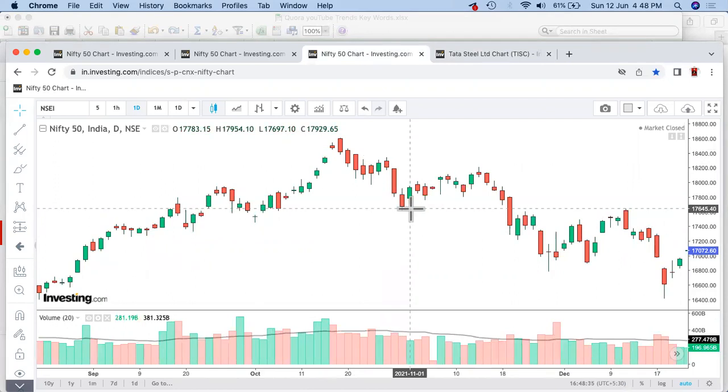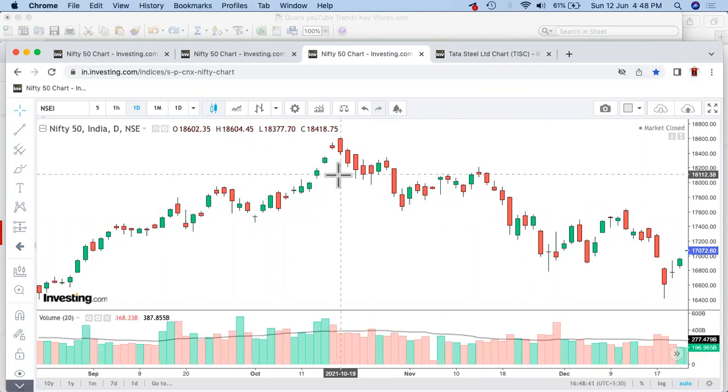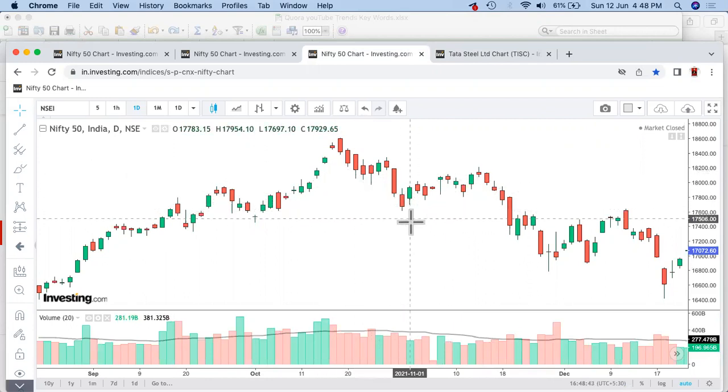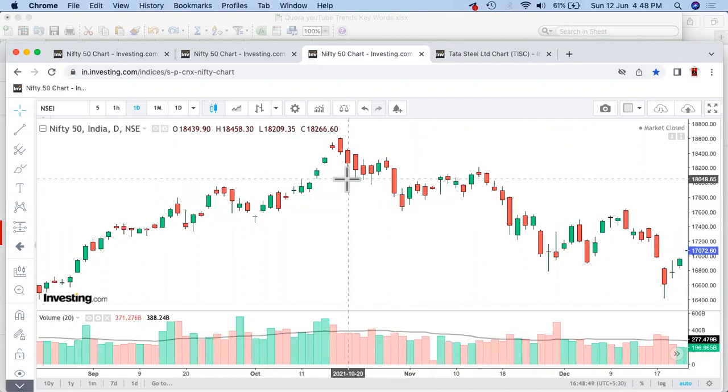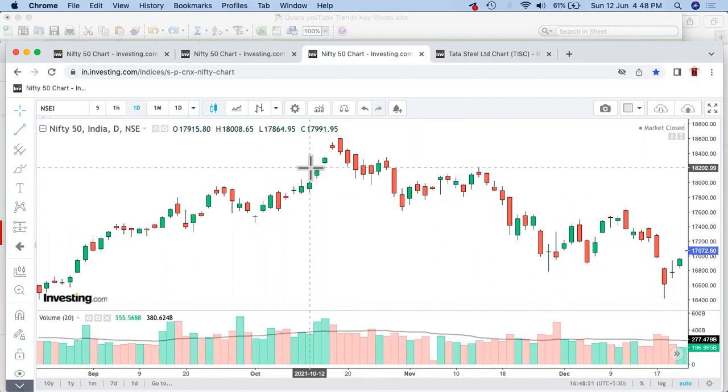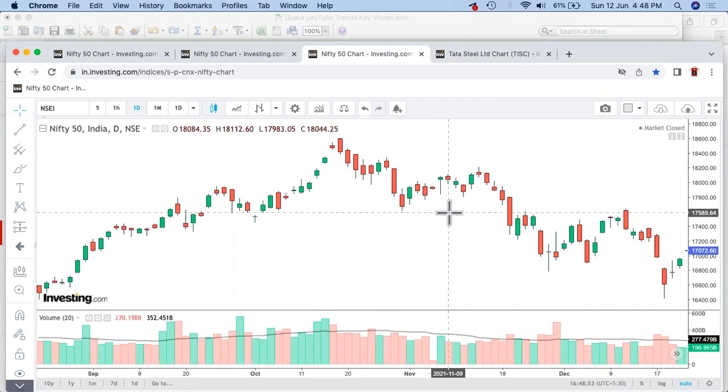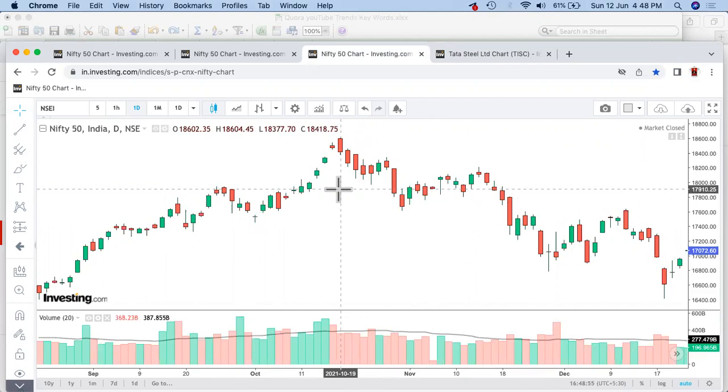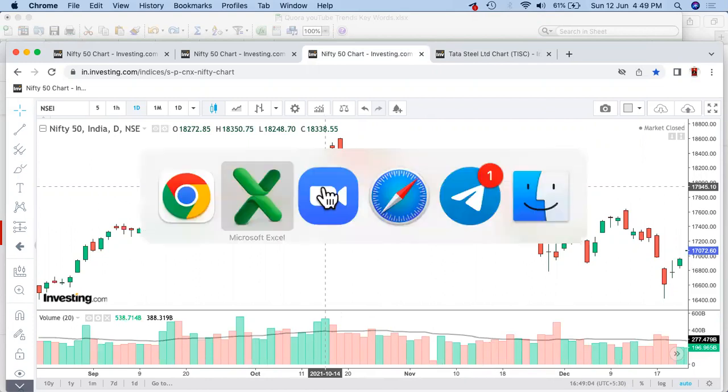Every day the latest 5 candles, or the latest moving average number of candles, is considered, and it excludes the previous candles. So if a new candle is added, the oldest candle is excluded, right? You got the basic difference between average and moving average, right?